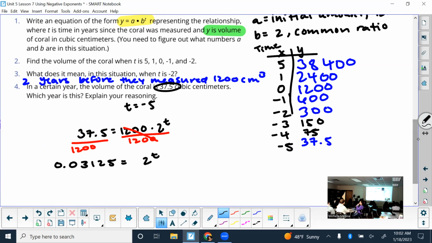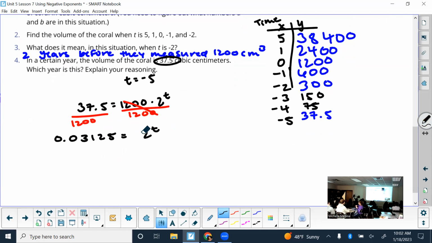And then I run into that situation where it's hard to get rid of the base. When that happens, you could take what's called the natural log of both sides. So on your calculator, that's the LN button. And that's what removes the exponent. All right, so you do it like that.